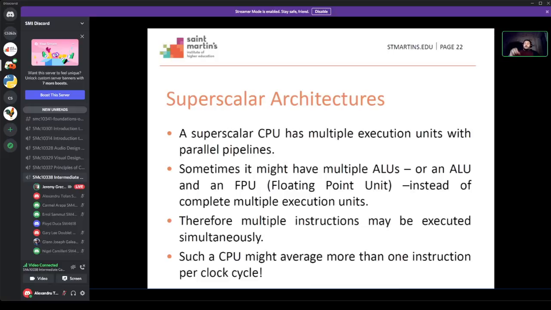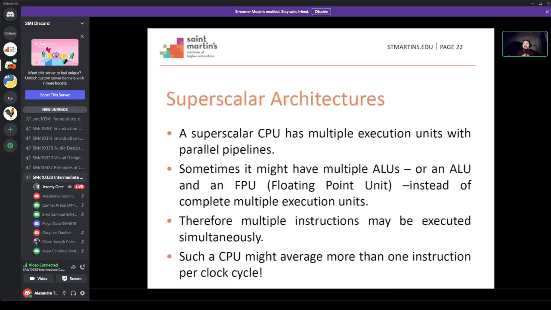Essentially, these multiple instructions need to be executed simultaneously, and therefore you would need to try to keep each and every pipeline for each and every execution unit or each and every core working as efficiently as possible.